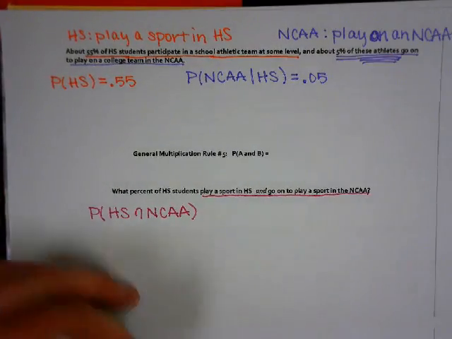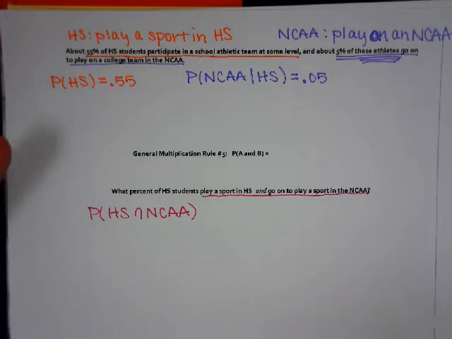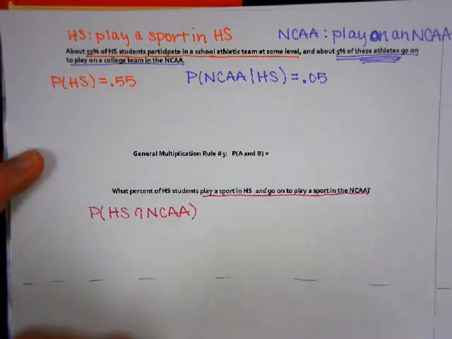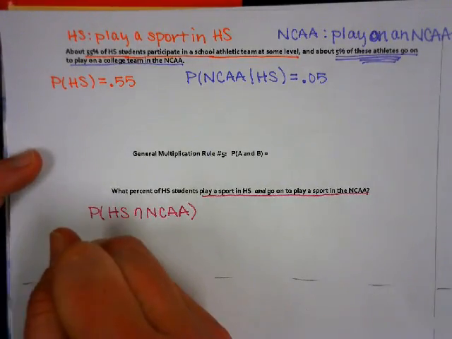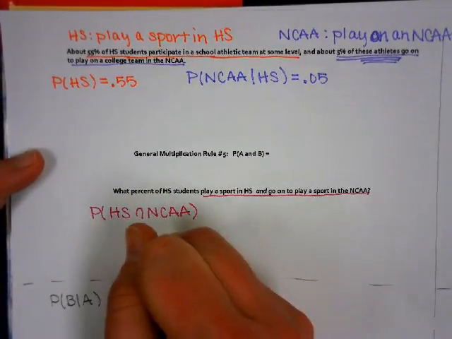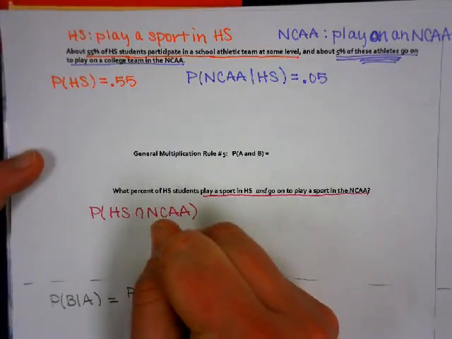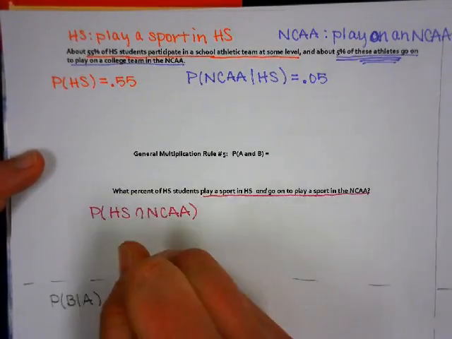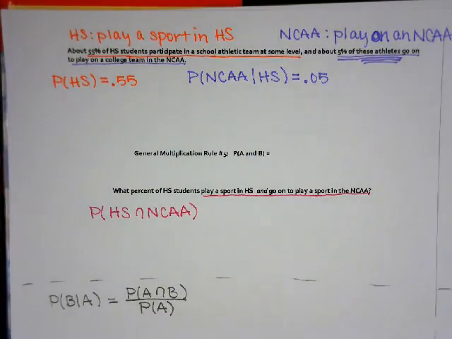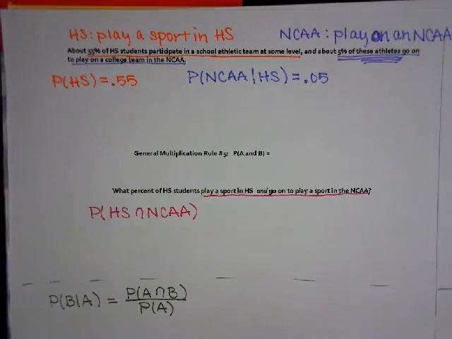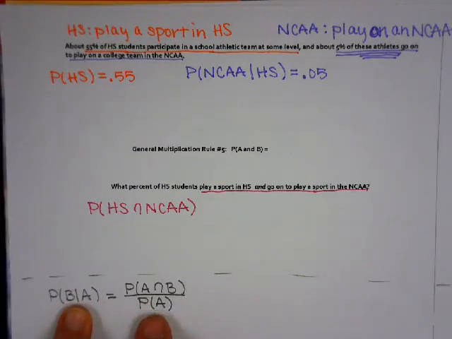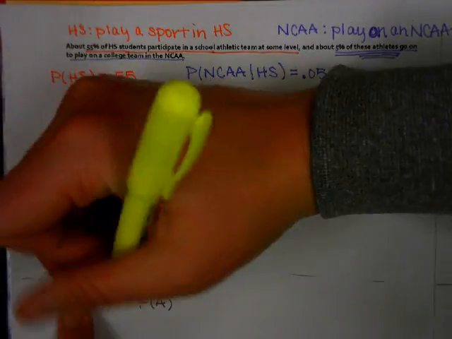I think I'm going to put it down here. So yesterday we talked about the probability of B given A comes from the probability of A and B divided by the probability of A. Today, we know the conditional probability and the probability of the condition, and we need to find this guy here. That's the missing piece we need today.